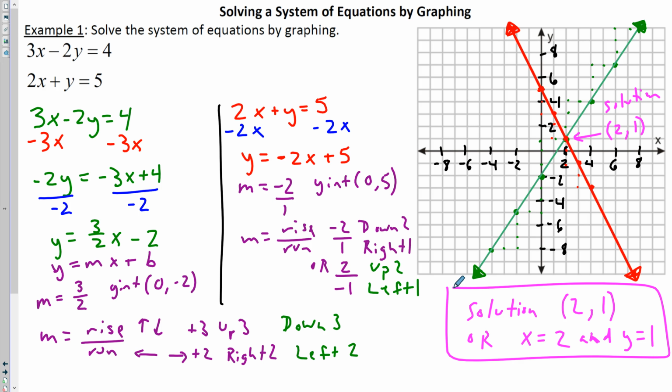The second problem is really the big one: we got lucky in this instance because our x and y values were whole numbers that we could easily see off of our graph. However, in a lot of cases, that's not going to happen. You're going to get an intersection point that doesn't fall perfectly on a tick mark, and you can't easily read it off of your graph. That's where we need these other algebraic methods to assist us in finding our solution to the system.